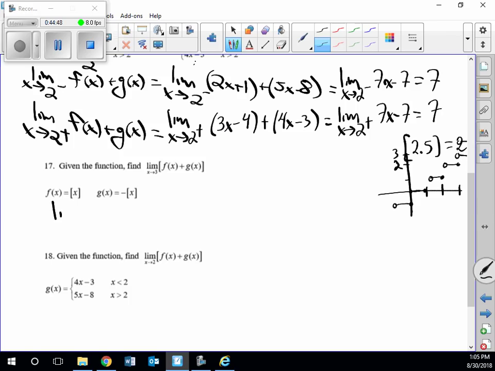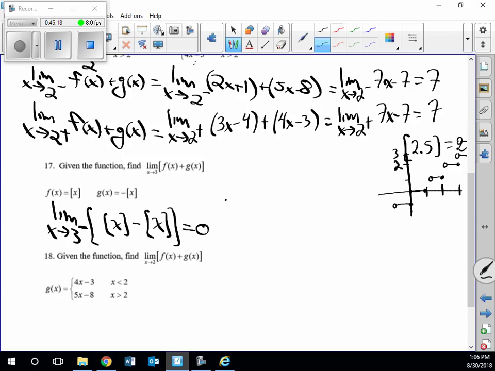But if I take the limit and replace each of those functions, f and g, in there. So coming from the left of 3, that's like 2.9. The greatest integer is 2. 2 minus 2 is 0. And so I guess we could put coming from the left here. So this is going to be 2 minus 2 is 0.